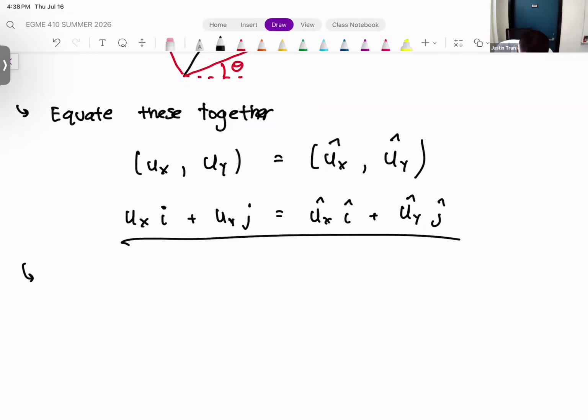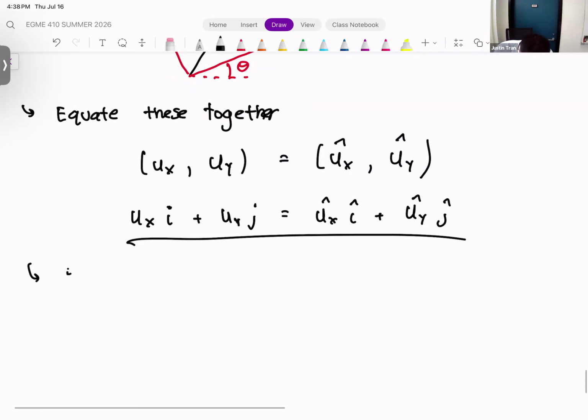Where i and j are unit vectors that go in the stationary x and stationary y directions respectively.